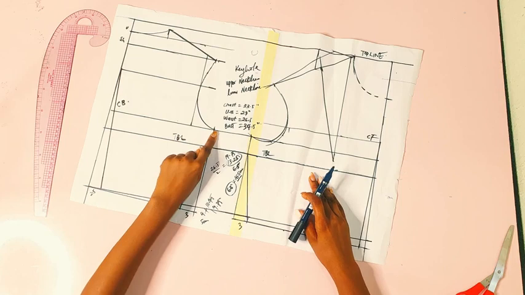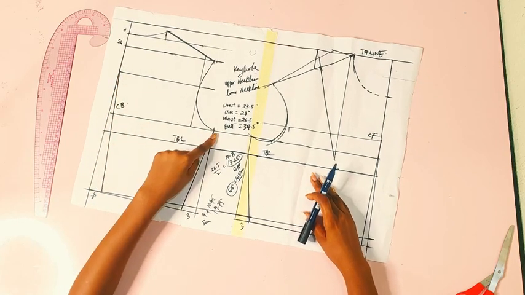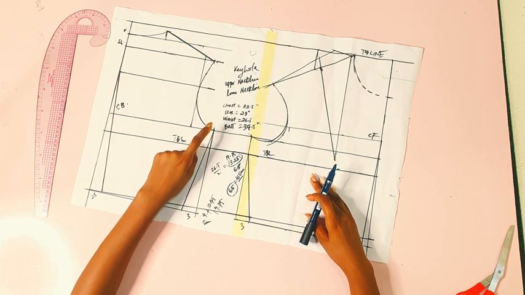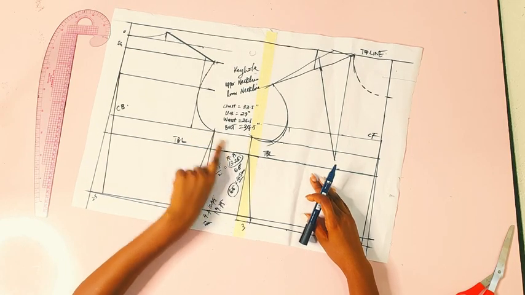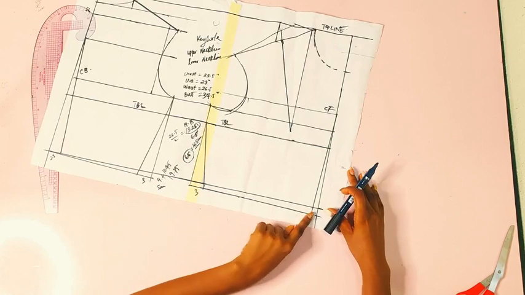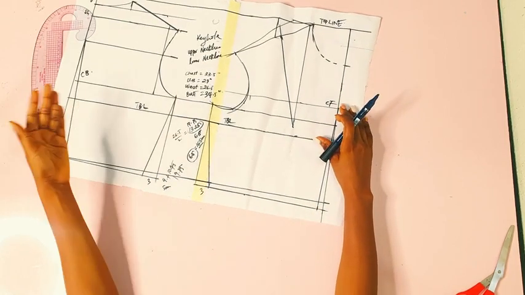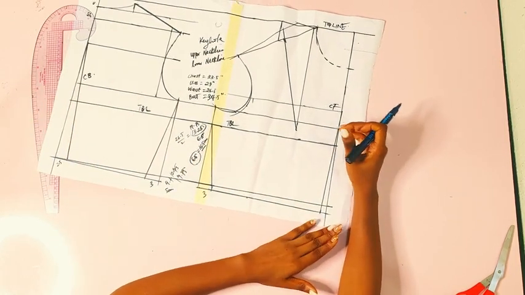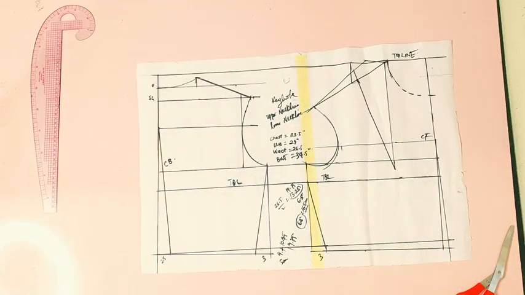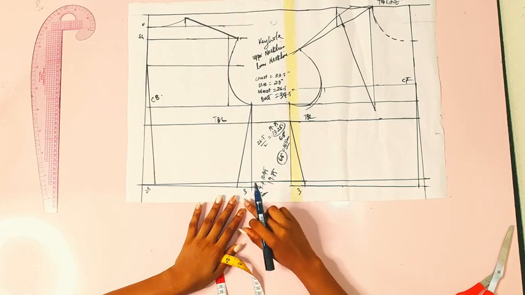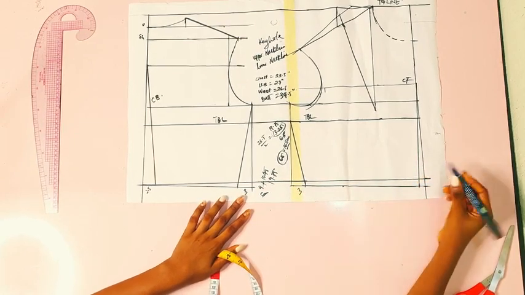This goes all the way to, so this is the back line. This goes all the way up to the armhole line. This stops at the bust line. This goes to the chest line. All right, so the ones at the center back, center front go to either the chest line or the back line. All right. So after doing that, we're taking 2.5, taking 3, taking 3 here, and another 1 here.